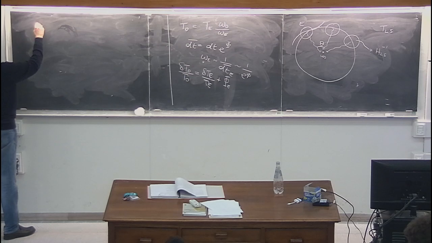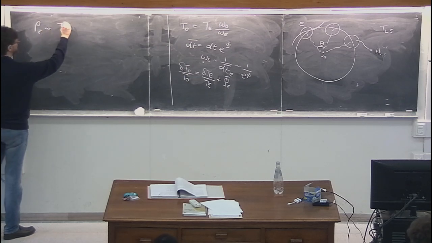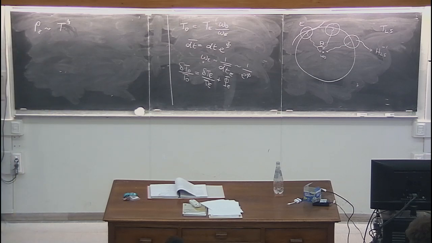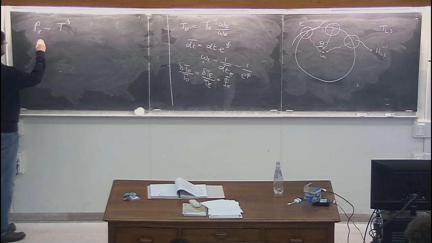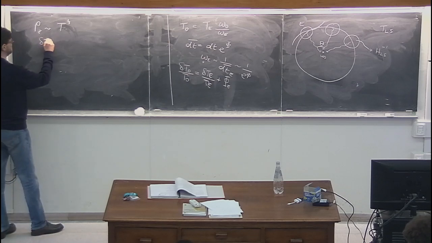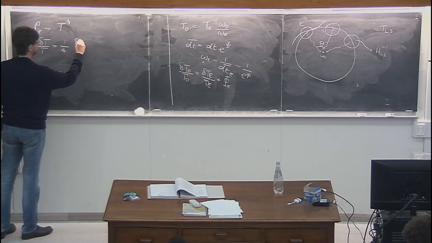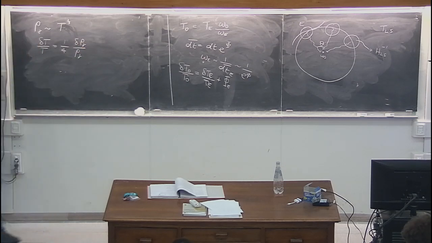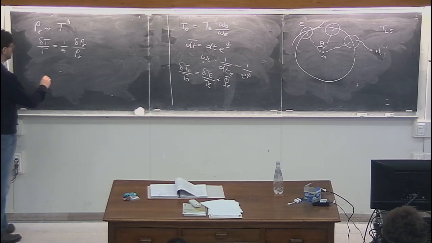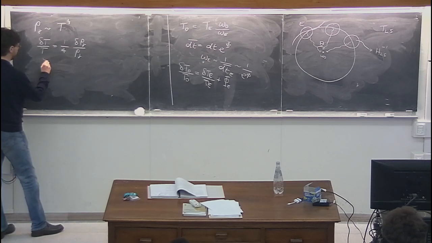What is the energy density of the radiation? It goes like T to the 4. Okay? So I know that delta T over T is 1/4 delta rho gamma over rho gamma. And then I go back to my quantity zeta.